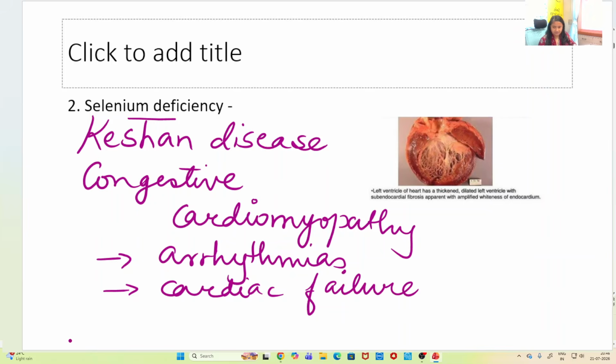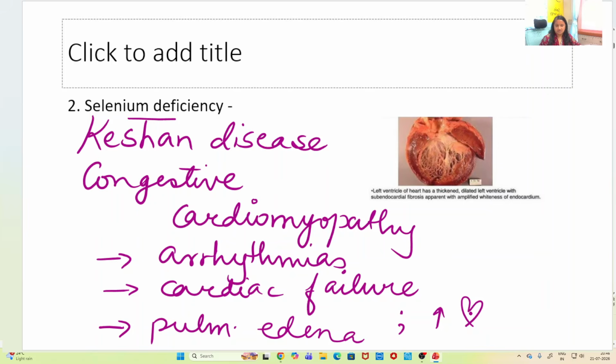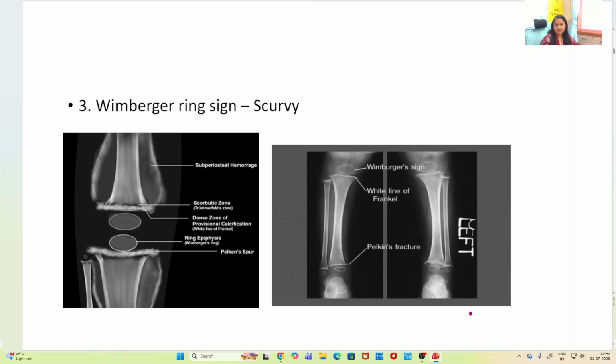It can cause cardiac failure symptoms like pulmonary edema, and an enlarged heart on the chest x-ray and echo imaging findings.